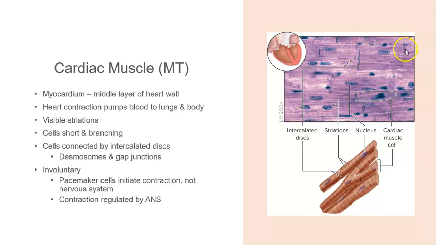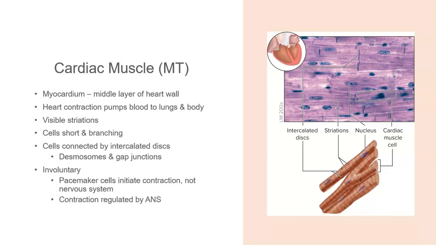If you look, you can see these dark lines that run perpendicular to the way the cells are running. So your cells are running horizontally. Your intercalated discs are these little dark vertical lines. Those are made up of desmosomes and gap junctions. Think back to what you have already learned about cell structure and function when you learned about the junctions between cells.